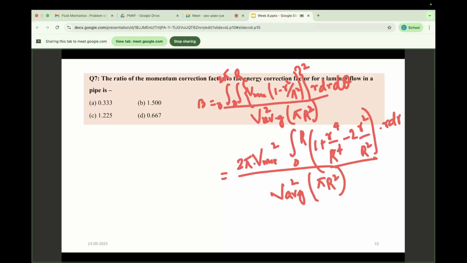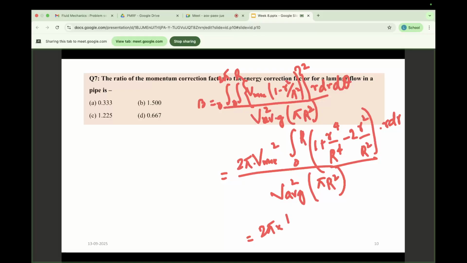Now you can integrate. In place of V max I can write V average; V max I can write as 2 into V average.